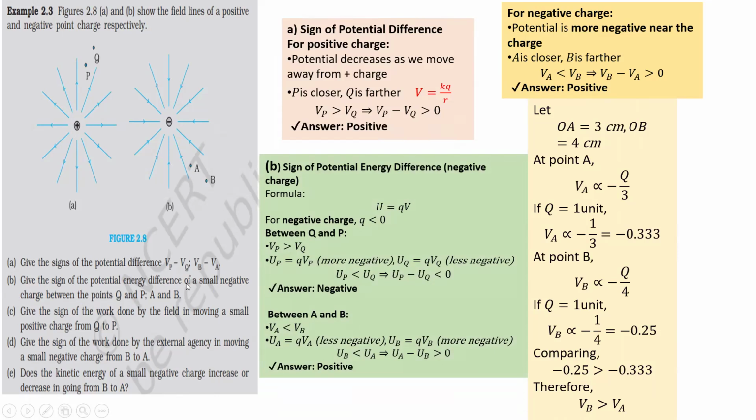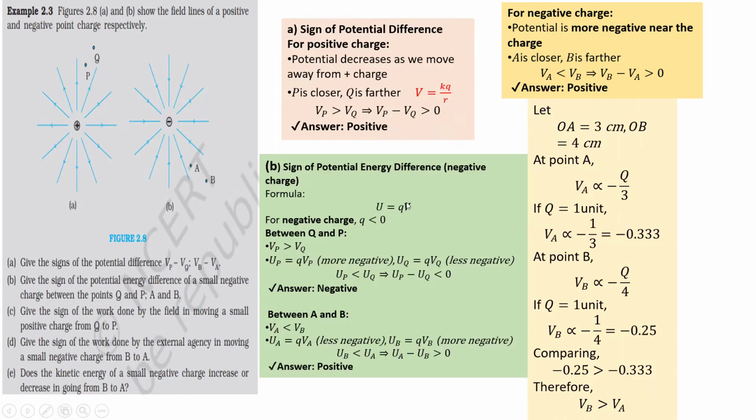Now, the sign of the potential energy difference for a small negative charge. We have to be very careful. For a negative charge, the Q value is less than 0. And Vp, this we have already discussed. Vp is greater than Vq. Potential at P is greater than potential at Q.